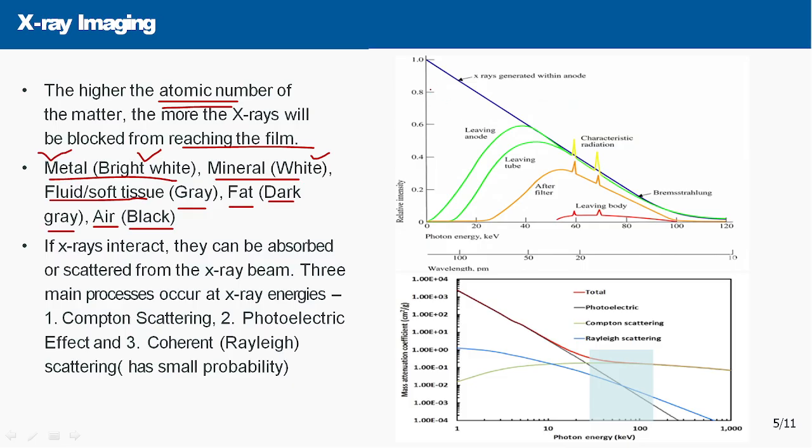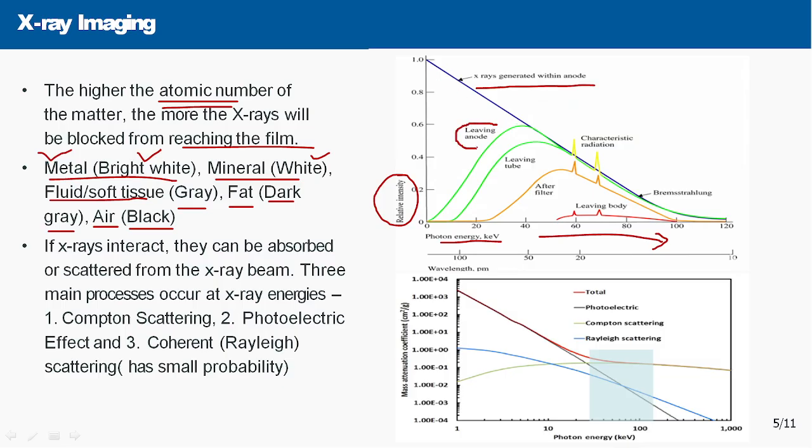Now mark that we have relative intensity versus photon energy, in terms of kiloelectron volts. As we go on increasing the photon energy, that is the X-ray, see how the intensity is affected. Mark the X-ray generated within the anode.